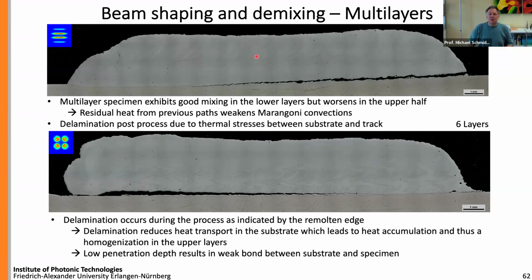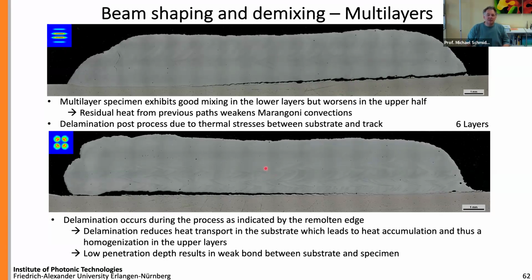So that means we got some overheating when coming to the higher layers, and then the mixing was not so good anymore. Why? Because the Marangoni flow was not so pronounced anymore. And in the end, and this happened during cooling down, we have a crack between our part and the base plate. They have different CTEs, by the way, so that could be a reason.